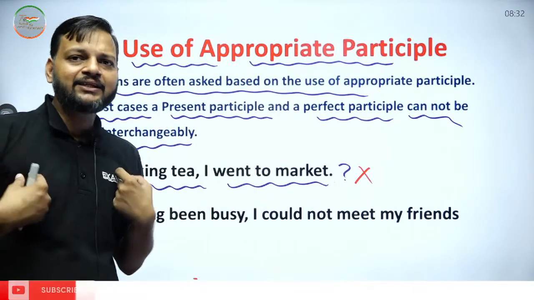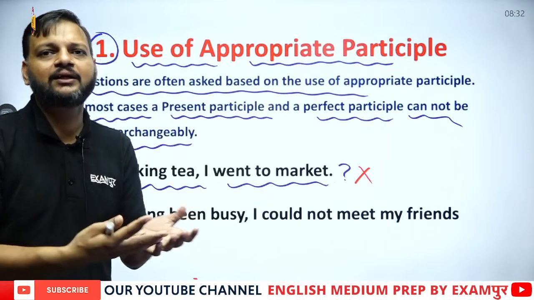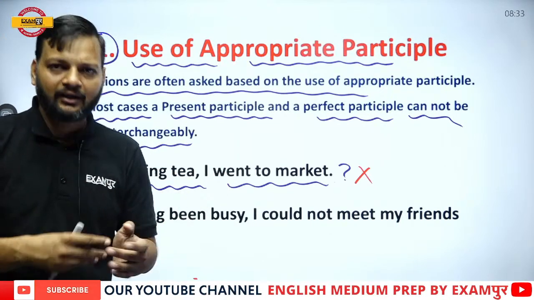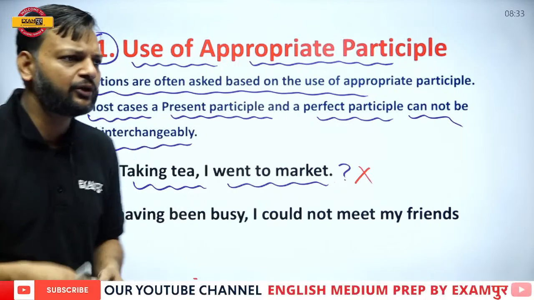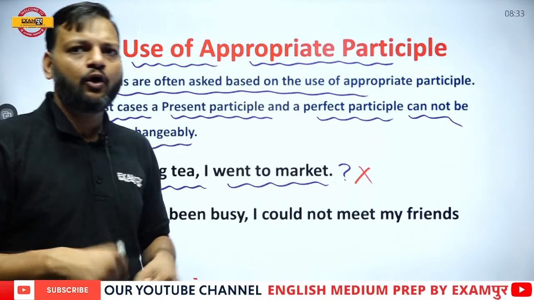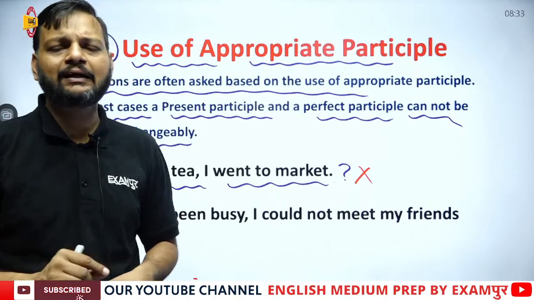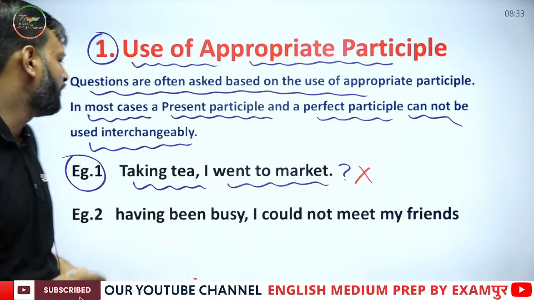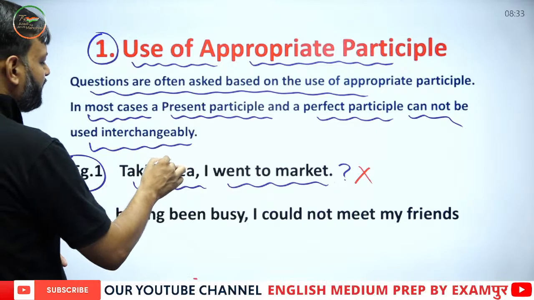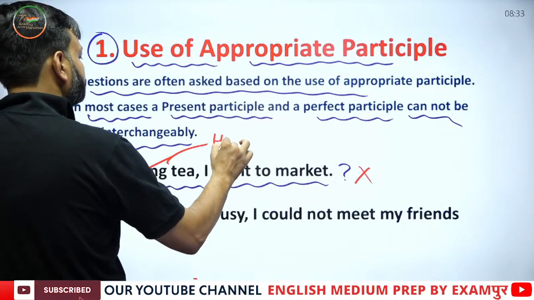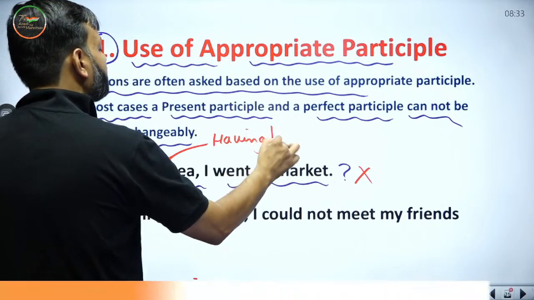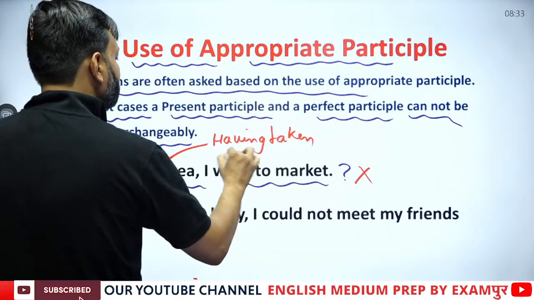Is it possible? No. How is it possible that I am going on foot or on a bike and I am taking tea? So use of present participle is not correct here. In this sentence we need perfect participle: having taken tea.